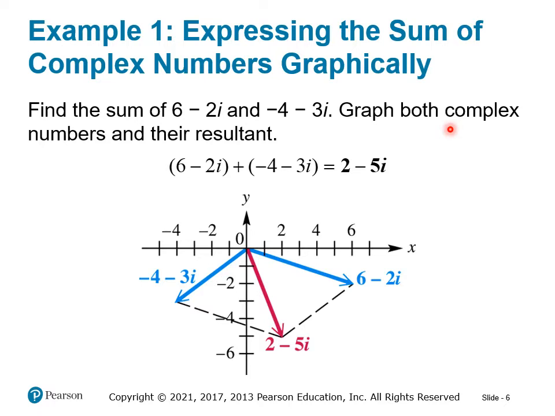So again, -4 minus 3i is -4 on the x, -3 on the y; 6 minus 2i is 6 on the x, -2 on the y; and then our resultant vector is 2 on the x and -5 on the y.